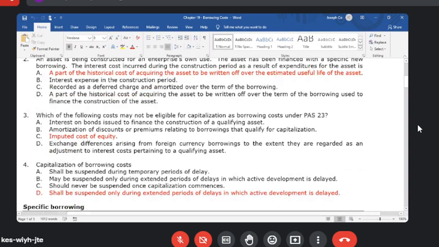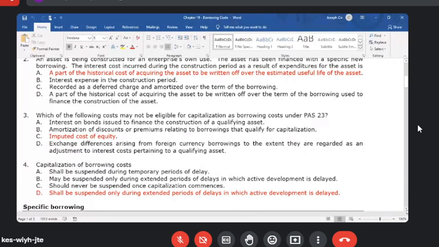Number 3, which of the following costs may not be eligible for capitalization as borrowing costs under PAS number 23? Answer is what?